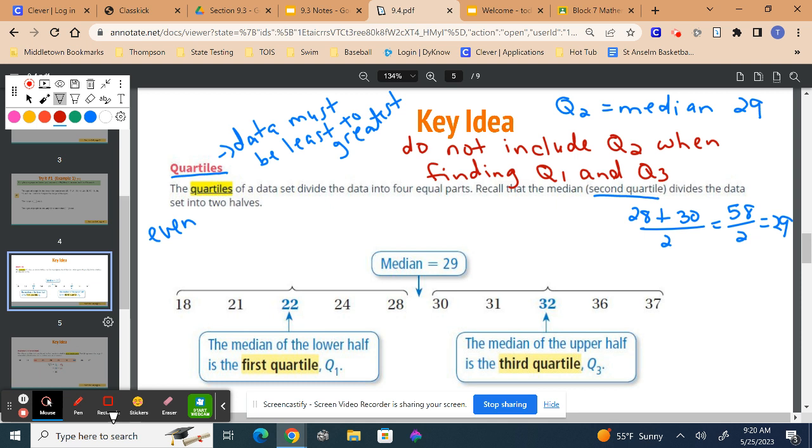So what's our quartile 2? 29. Okay, so 29 is actually not part of our data set. Do you see that? So when we're finding quartile 1, we're using just the lower half. So quartile 1 is the median of the lower half of the data.